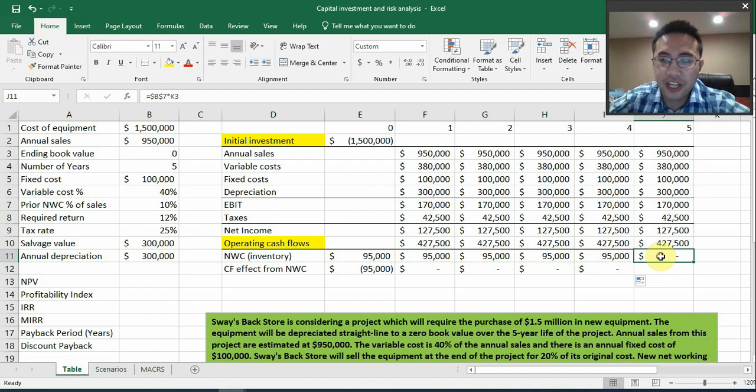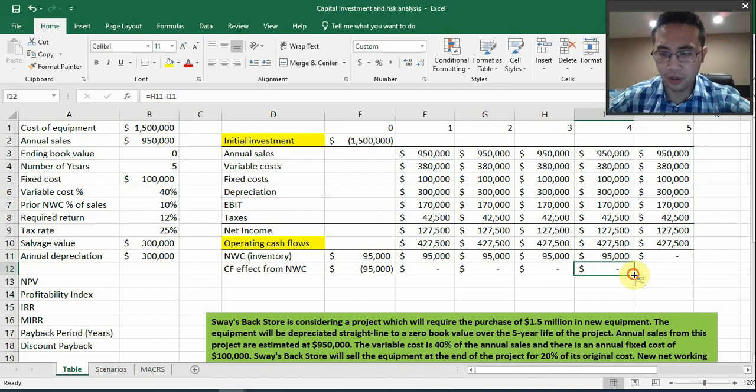But in the last year, you have 0 at the end of the 5th year. You have 0 inventory or net working capital, and before that you have 95, which means you'll literally sell off all the inventories and then get the cash.